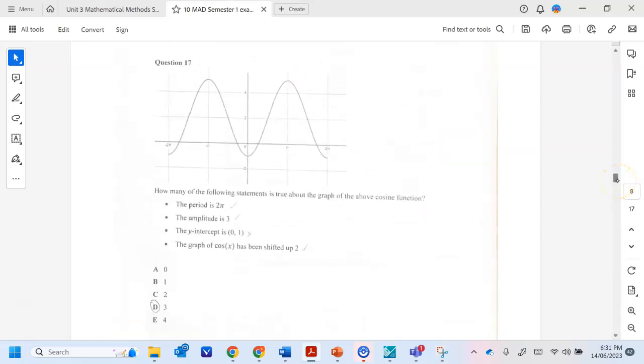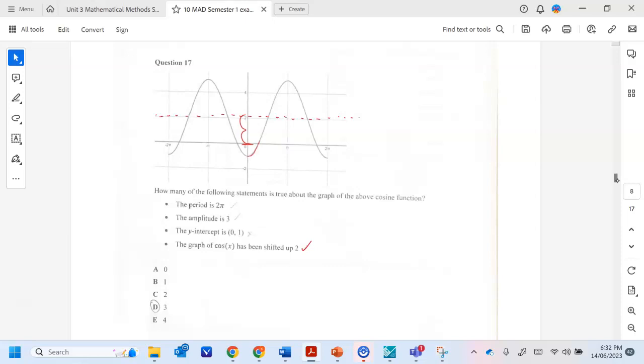All right, question 17, another one where we have to identify what's correct. One period is a full revolution of the unit circle. This one's a bit hard to see because it has actually been shifted up. If you think about that being our midline, it's gone from your x-axis up, so that's why the last one's correct.